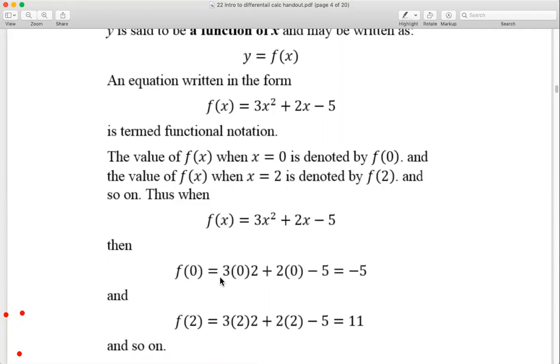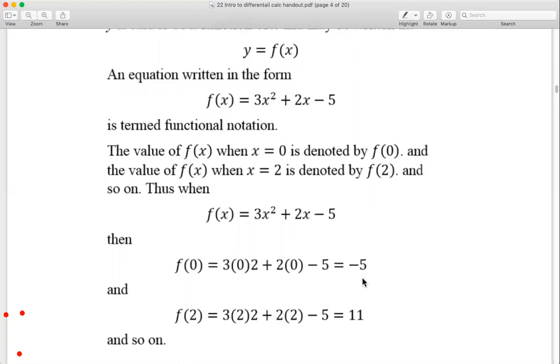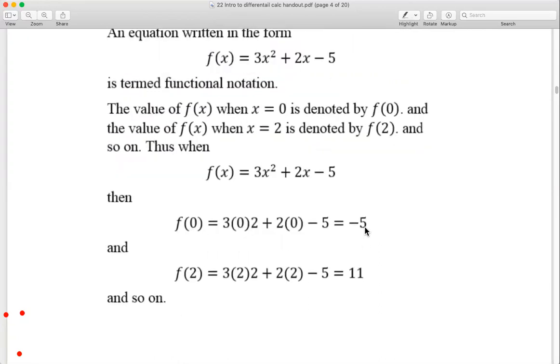We evaluate that, so the function at 0 is equal to minus 5. That means y is minus 5 when x is 0. If we set x to 2, f of 2, y is equal to 11, and so on. So that's functional notation.